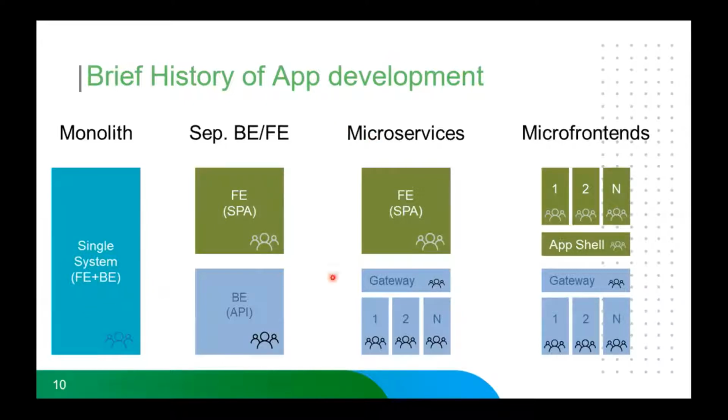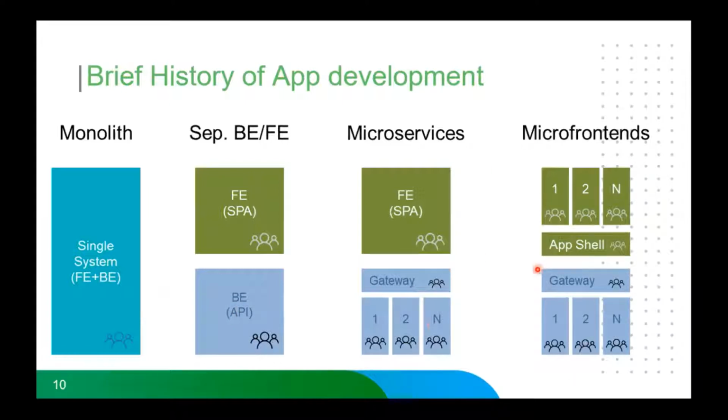Then comes the microservice system, where we have different sets of services for the backend. Here there is one service, two, and n services, and we have a gateway which interacts with the front end. As the application grows, we need to think about new ideas, so micro front end comes into the picture.